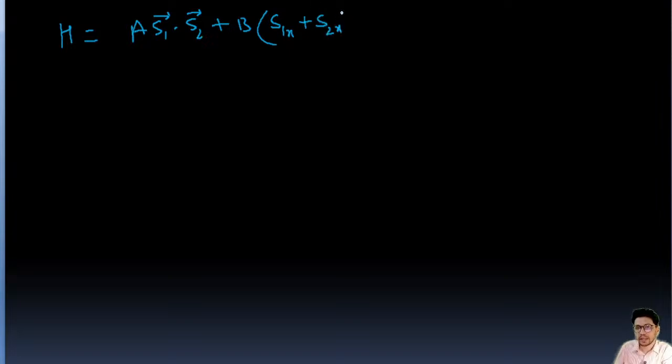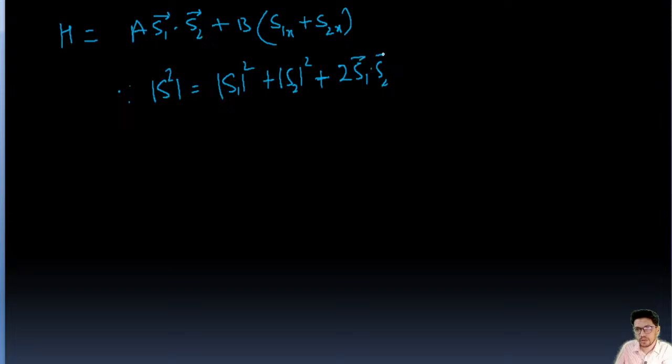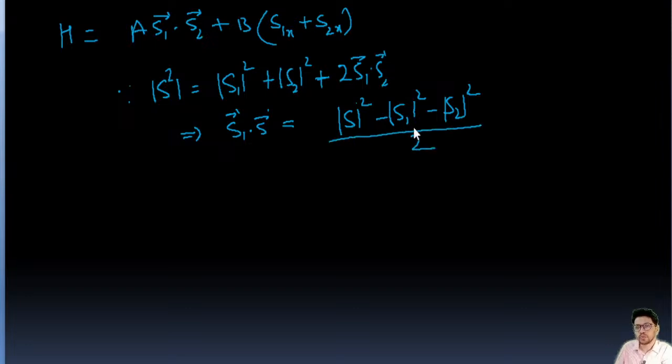Since we know mod S square is mod S1 square plus mod S2 square plus 2 S1 dot S2, this implies the value of S1 dot S2 is going to be mod S square minus mod S1 square minus mod S2 square, upon 2.